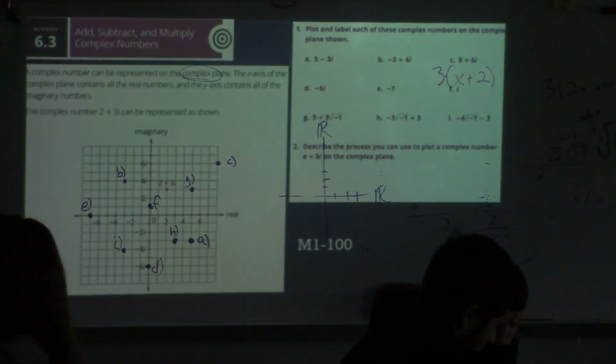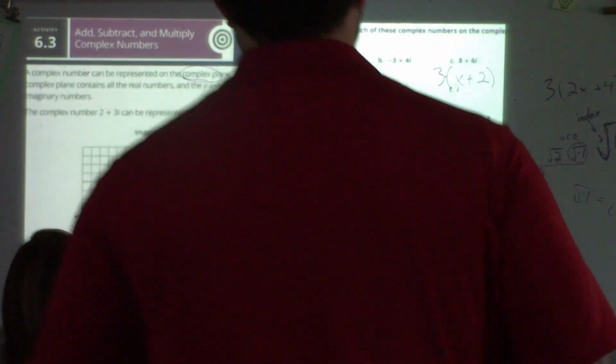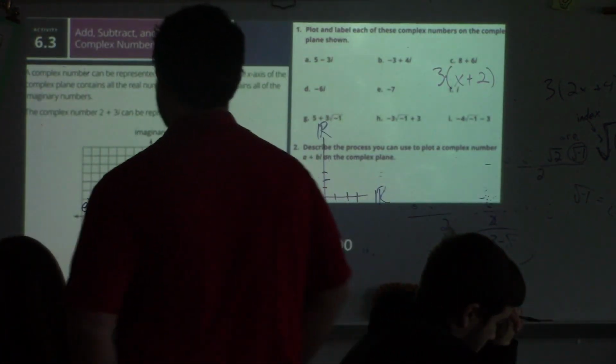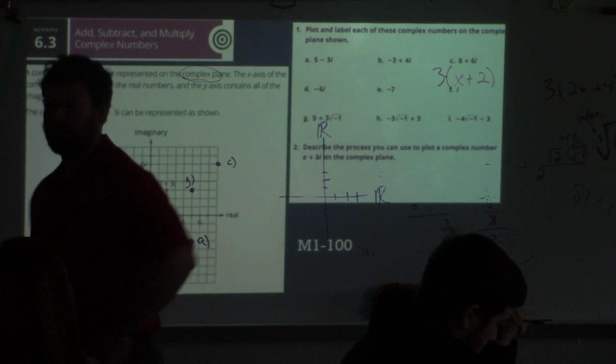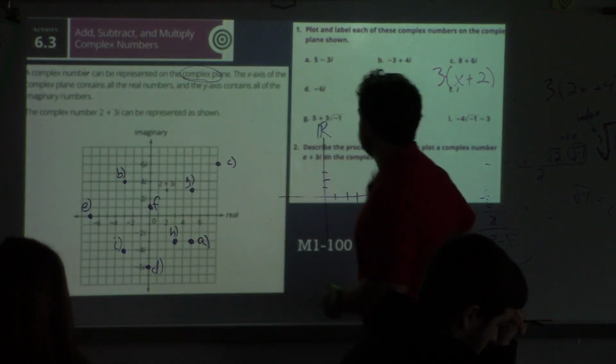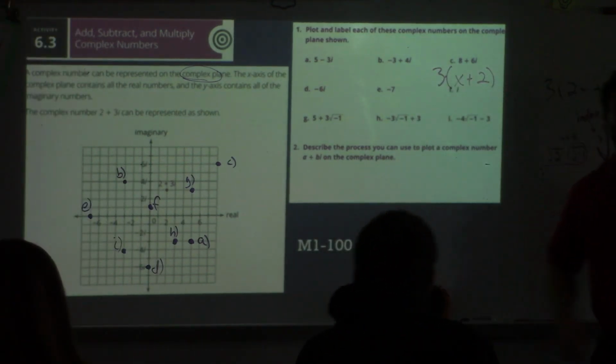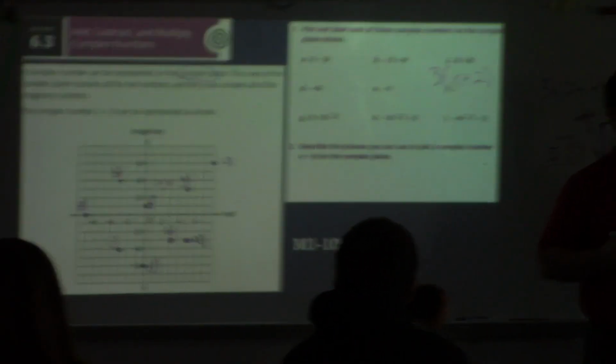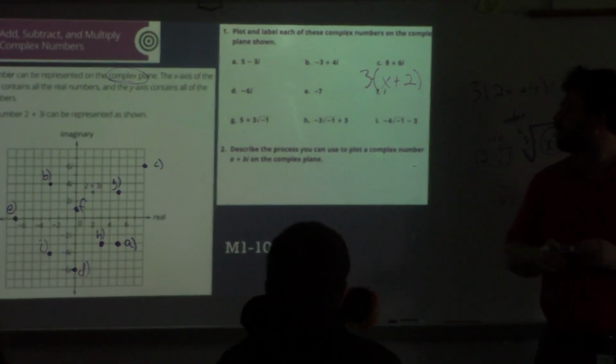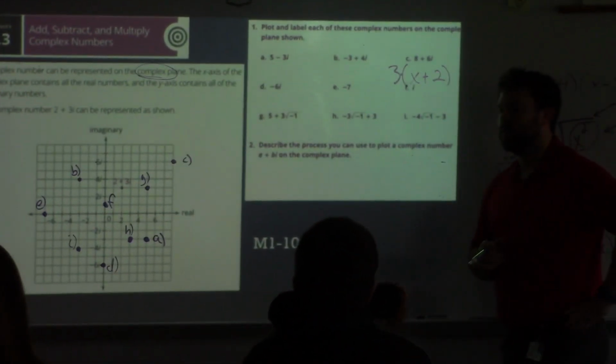Anybody have an idea how I could get started? The square root of -1. Any starting point on G? Can I add 5 and 3?